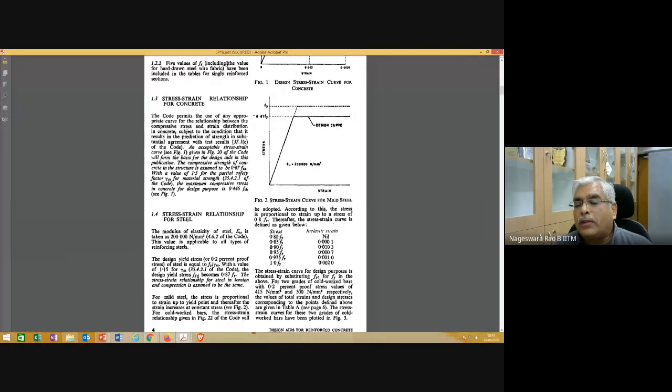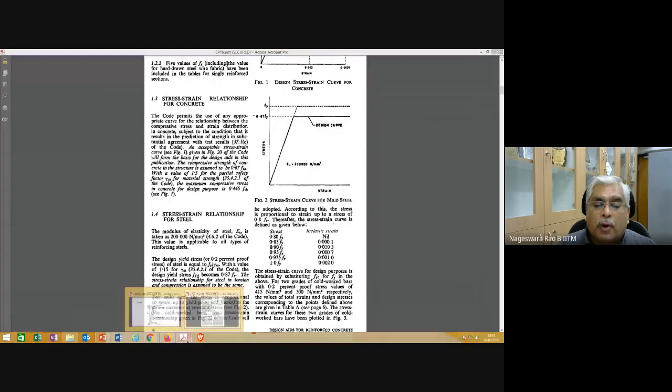Stress corresponding to 0.8 Fy, inelastic strain nil. Inelastic strain is nothing but permanent extension. The definition is like, if you see proof stress, it is 0.2% extension. So that's why it is written inelastic strain. So corresponding to 0.8 Fy.